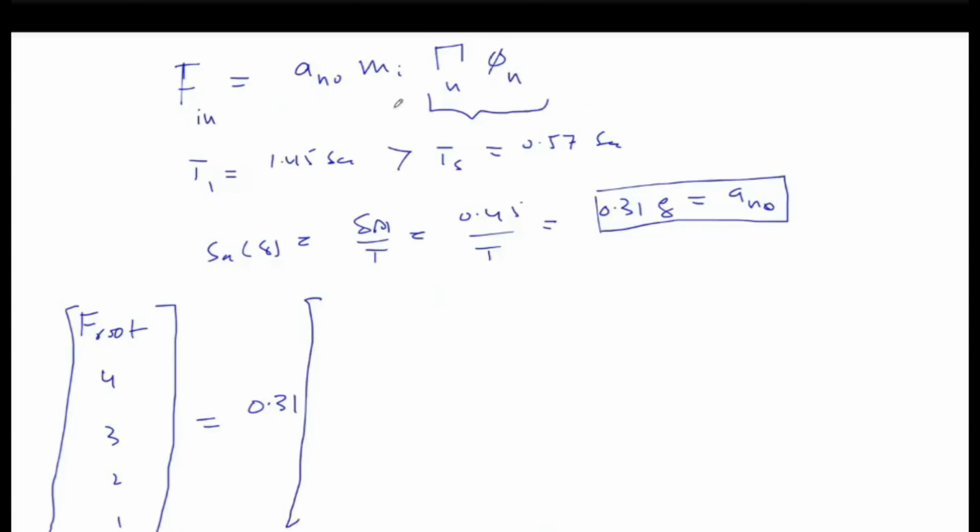So look at this equation, there is A naught multiplied by Mi, and Mi is the floor masses: 2505, 3132, 3132, 3132, 3132.